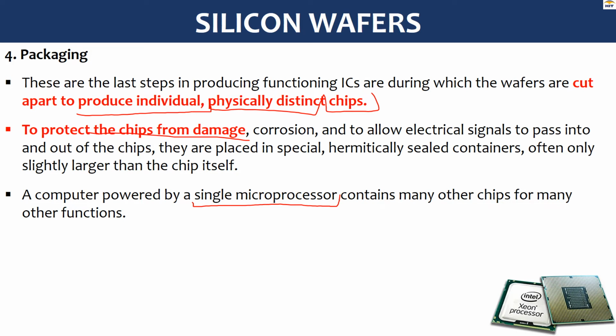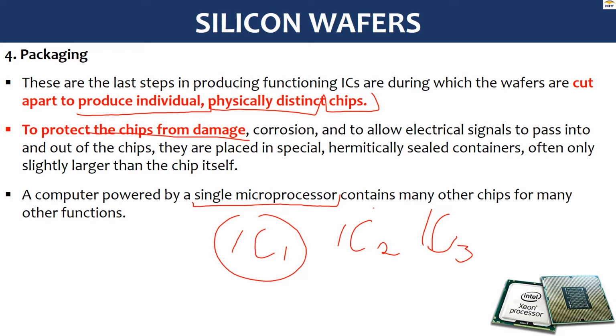So you can have IC1, IC2, IC3, which are all integrated circuits or chips, but performing different, distinct types of functions. For example, in your computer, there is a single microprocessor but many chips that perform different types of functions.